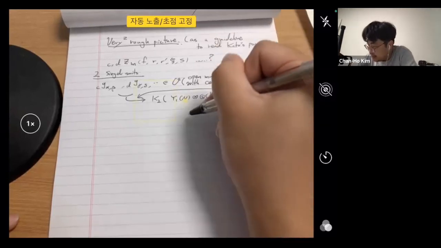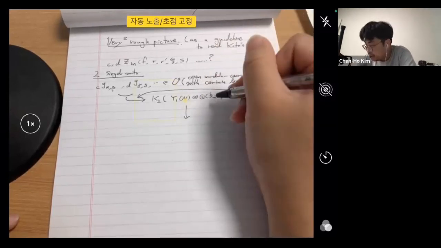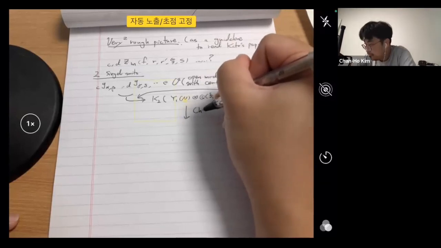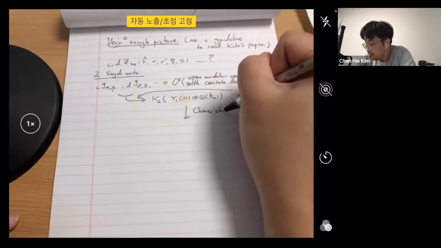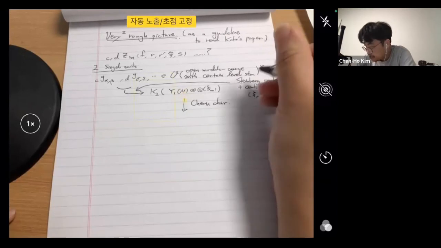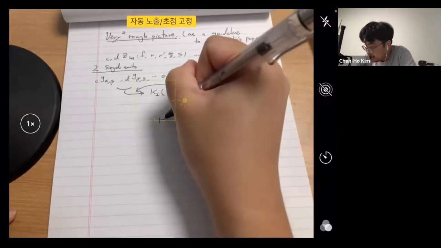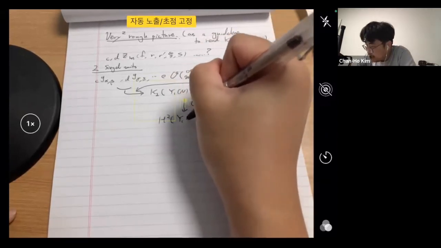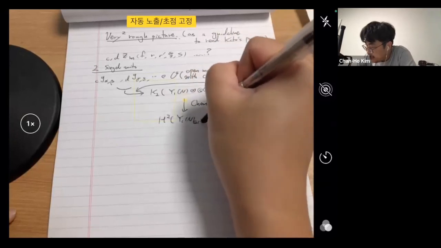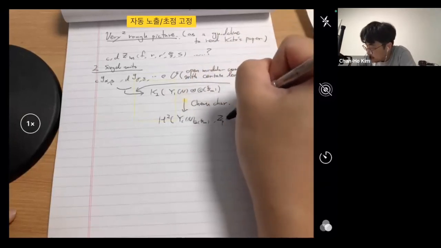And from this, we have the Chern character map. Then we get an element in H^2 of Y_1(N) over Q(zeta_M) with Z_p(2) coefficients.